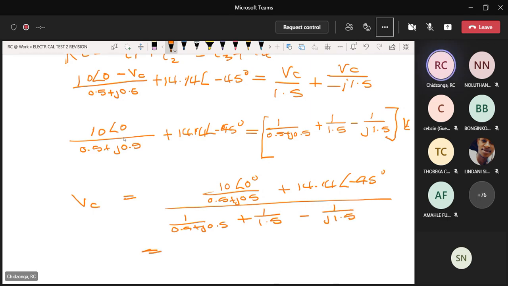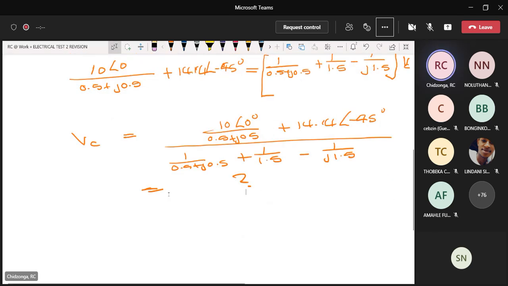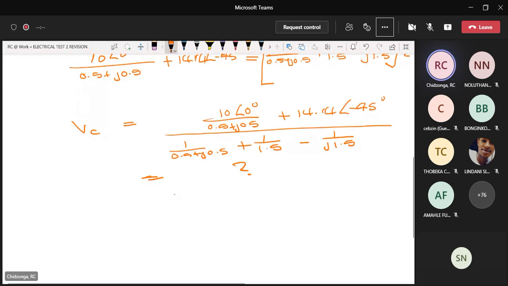So you carry out that division. That is what gives you the value of VC. Again, I'll leave you to do that part. There are some students who don't like this, but unfortunately, we have to do things that way. You have a part to play as well.